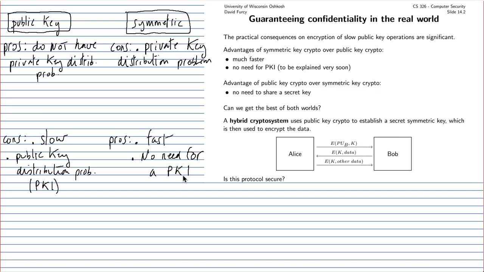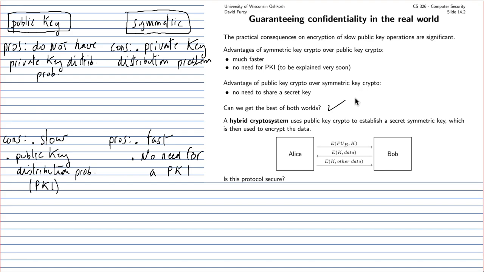So you see, if you look at this table, you'll notice that public key cryptosystems and symmetric cryptosystems have complementary pros and cons, and no one approach is completely better than the other. So the next obvious question is, can we get the best of both worlds?